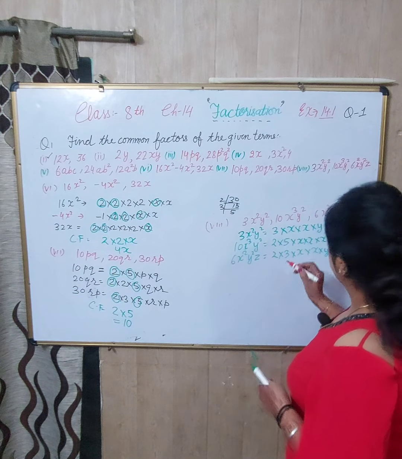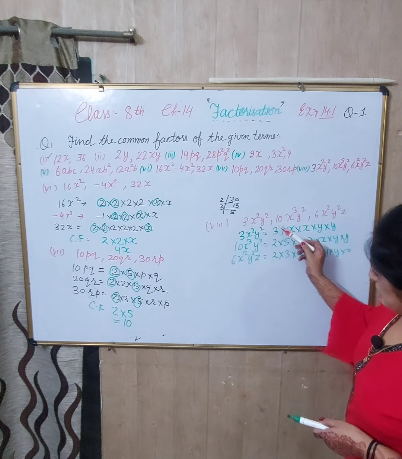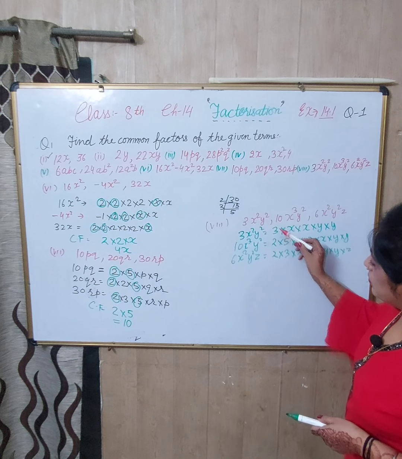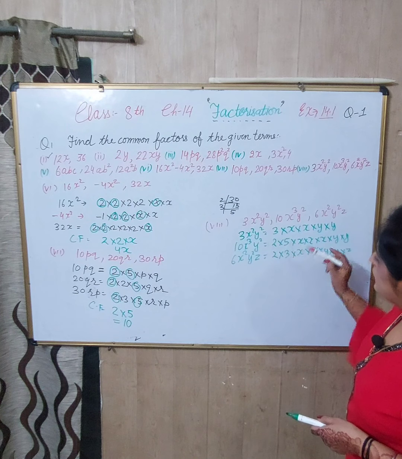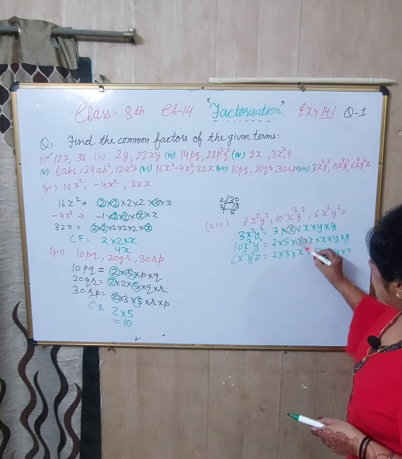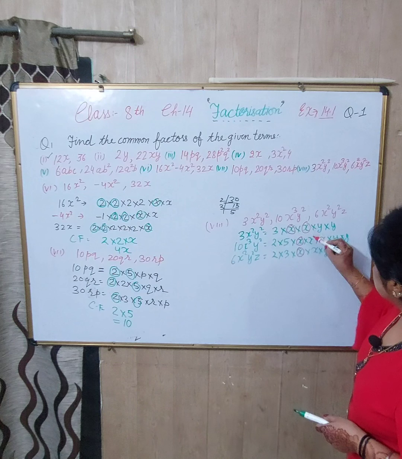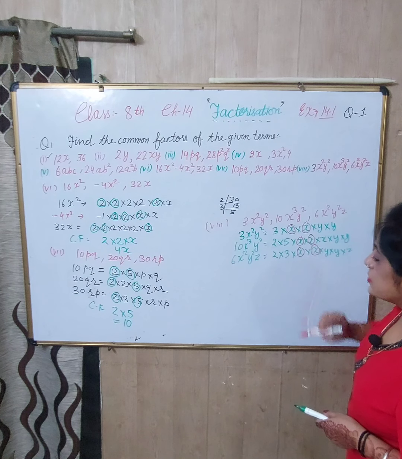Now you take common. Here no numerical number is common, neither 3, neither 2 and neither 5. For the variables, you check: x and x is common, then this x and x is common.